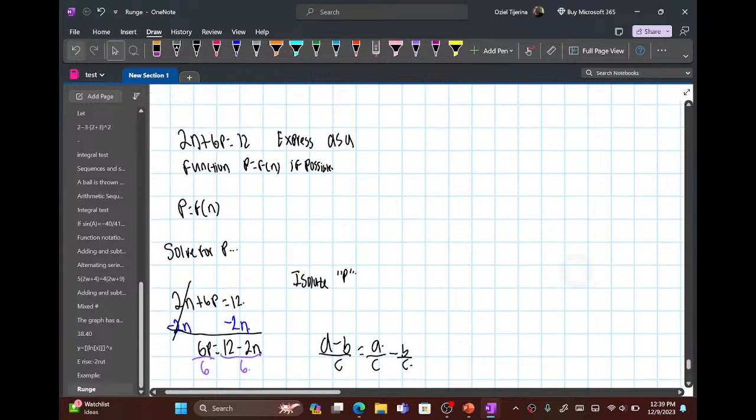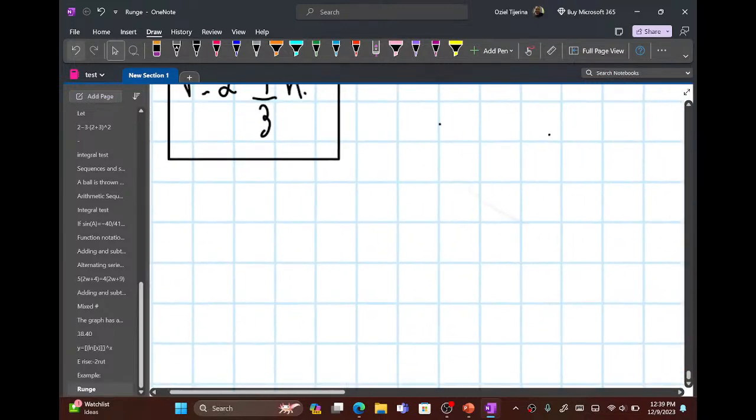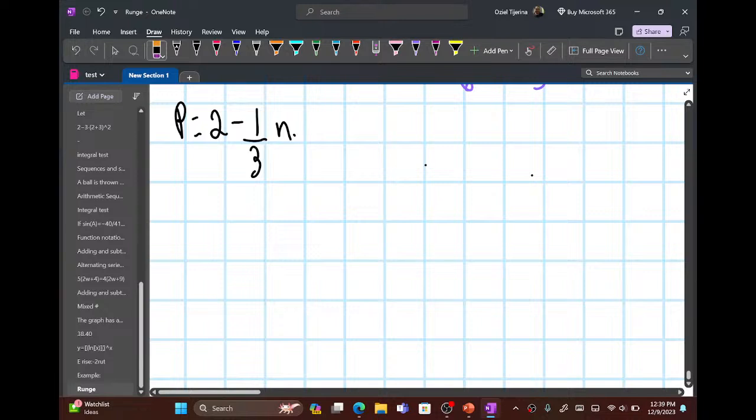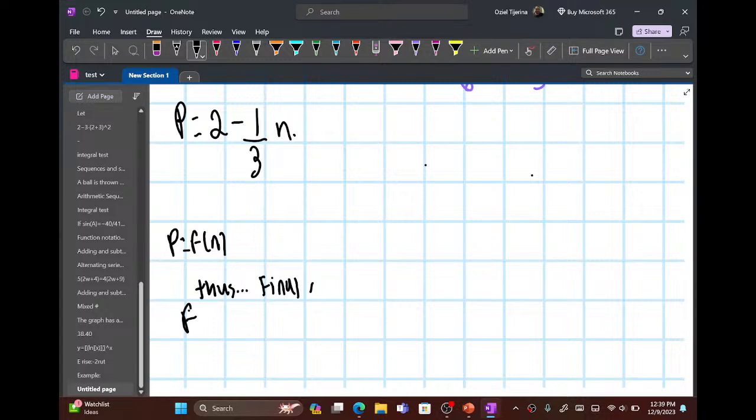Oh, and actually, so we know that p is f of n. So, thus, the final answer will be f of n is equal to 2 minus 1/3 n.